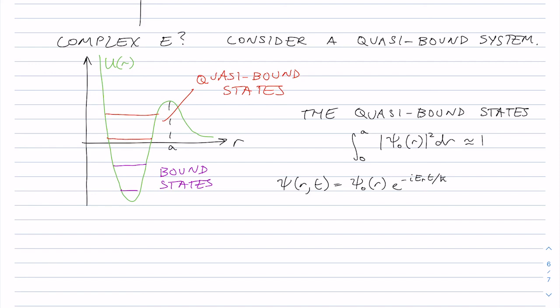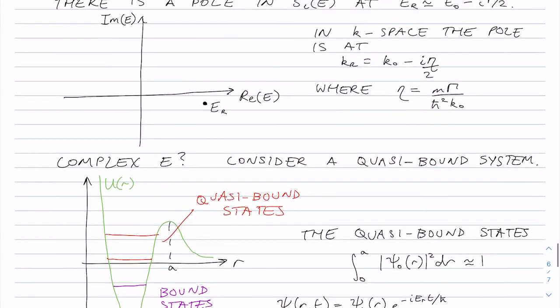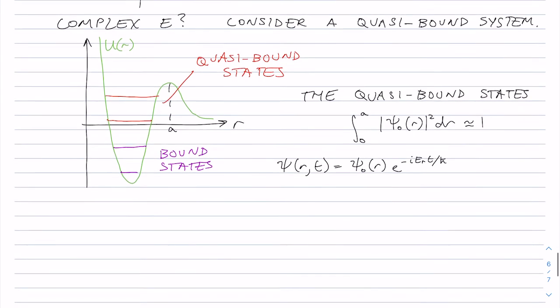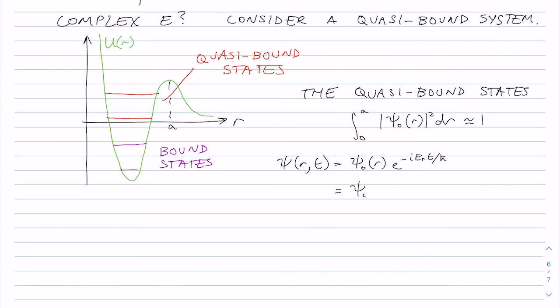Now if I expand this E_R using the formula that I had up here, E0 minus i gamma over 2, then I will say that this is equal to that's my normal phase, but I also pick up some real component here, which depends on time. And this is an exponential decay of the wave function.